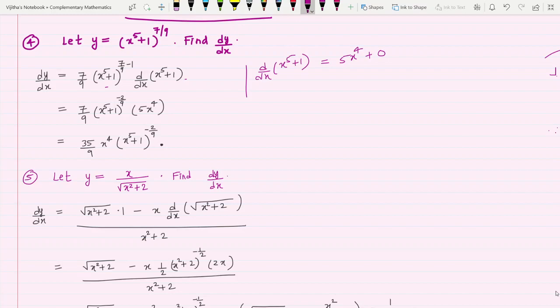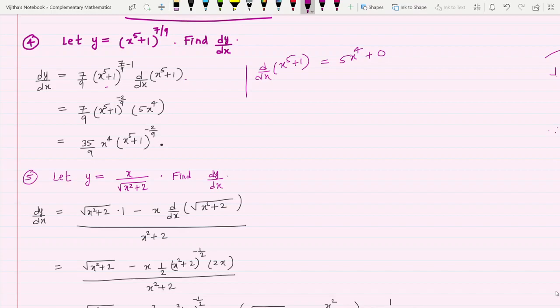Now see another problem. Let y equal to x by root of x^2 + 2. Find dy/dx. For finding dy/dx we can use the product rule and quotient rule. Here it is of the form x by root of x^2 + 2, so we have to use the quotient rule.